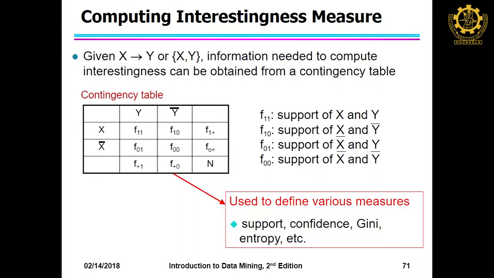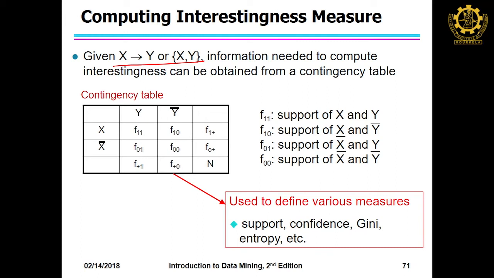And to find the interestingness, we have to go in a very systematic way. Like in classification we have the confusion matrix, here we will have the contingency table. Suppose we have the rule x to y, we are finding the co-occurrence of x and y.